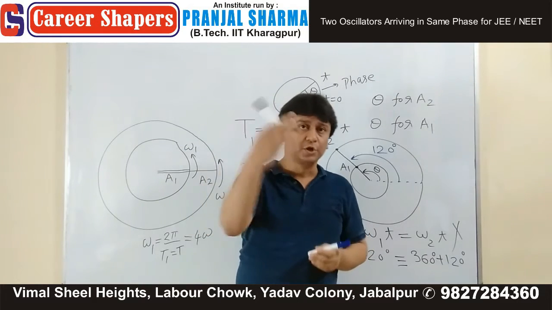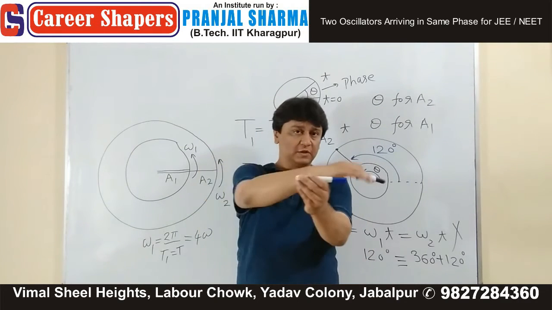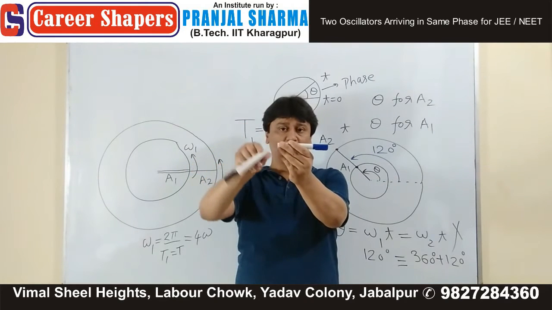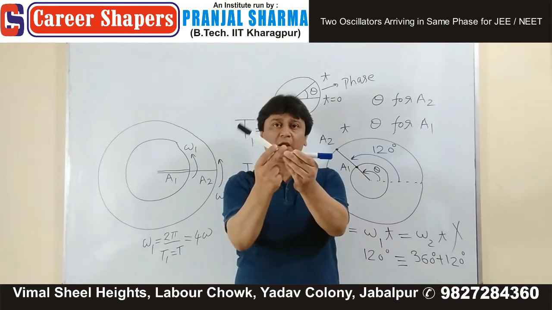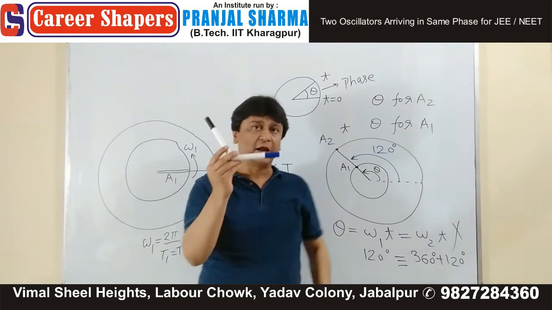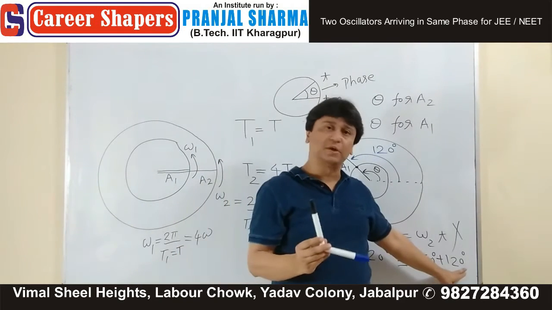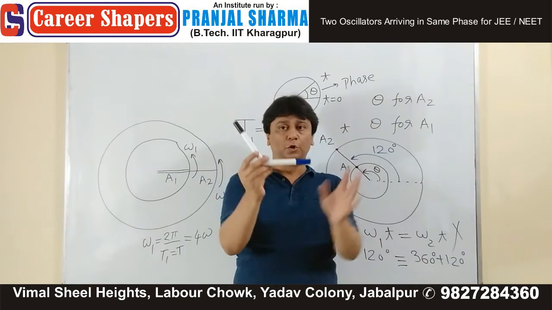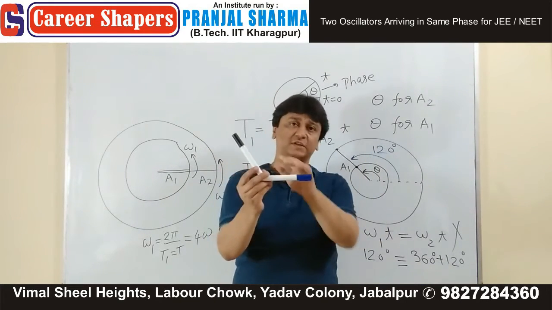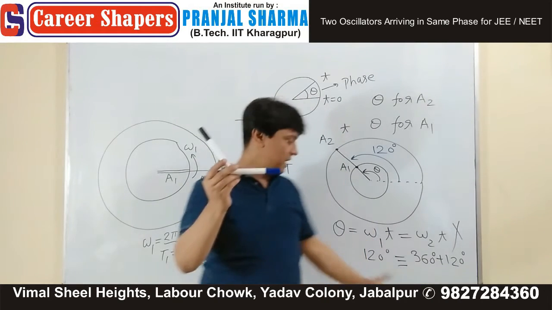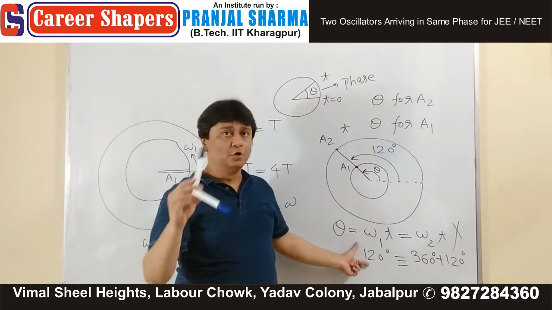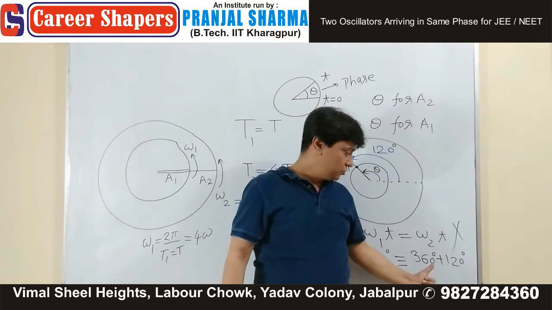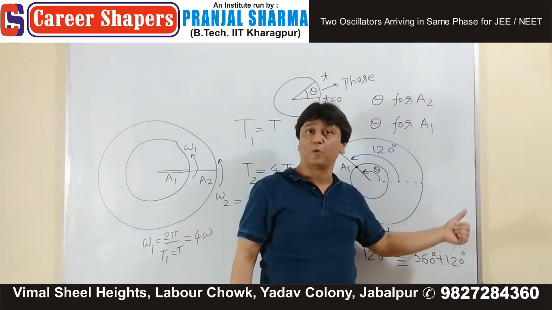If I ask you what is the angle between the horizontal line and this black marker after 360 and 120, you're going to say angular displacement is 360 plus 120. But someone who looks at this setup for the very first time is only going to say that angle is 120. So for us, 120 is equivalent to 360 plus 120.